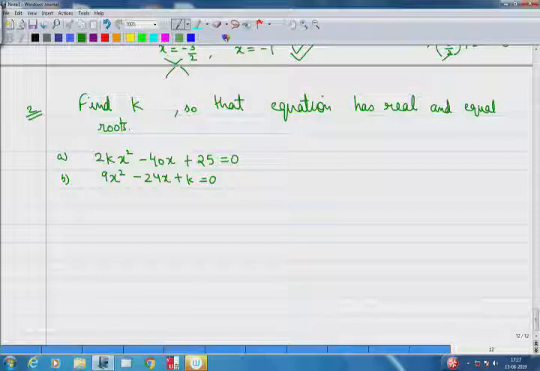Find the value for k, for which the equation will have real and equal roots. So you have to apply the condition for real and equal roots in this one.